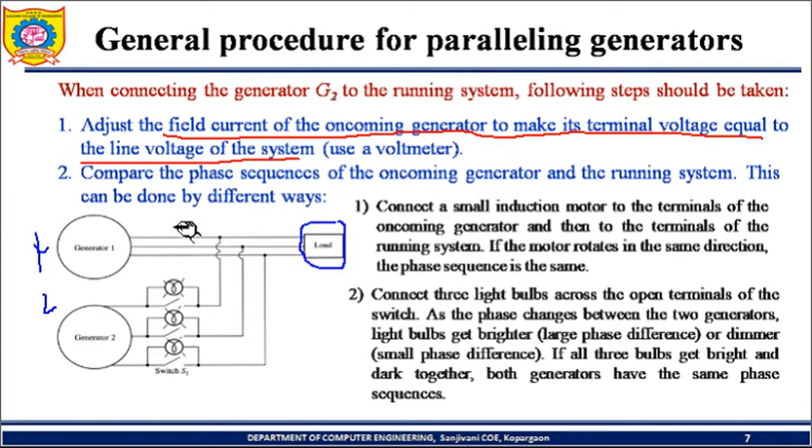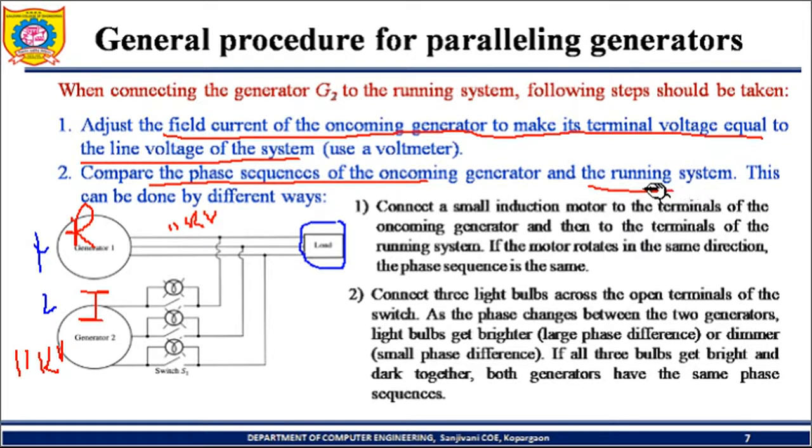So if the line voltage is 11 kV, then I have to operate this alternator at 11 kV, because this is the incoming alternator and this is the running alternator. So I have to increase this voltage up to 11 kV, and then compare the phase sequence of the oncoming generator and the running system.